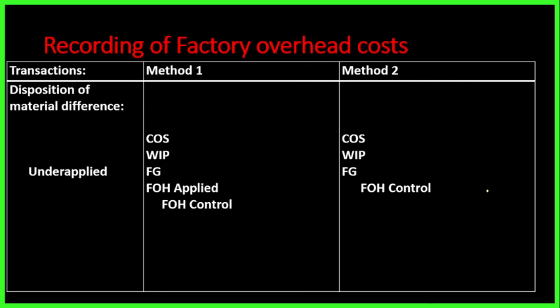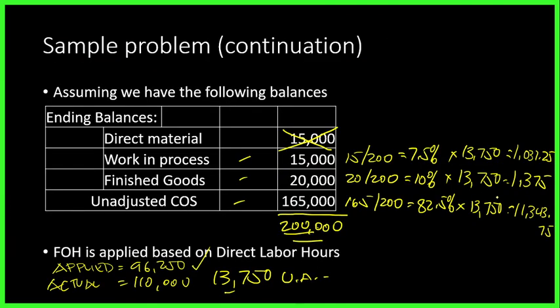So, for an easier way, our under-applied is 13,750. Now, let's go back to what we allocated earlier. If you have time, please check that the total of this should be 13,750. Assuming that is correct, let's continue. 103,125, 1,375, and 11,343.